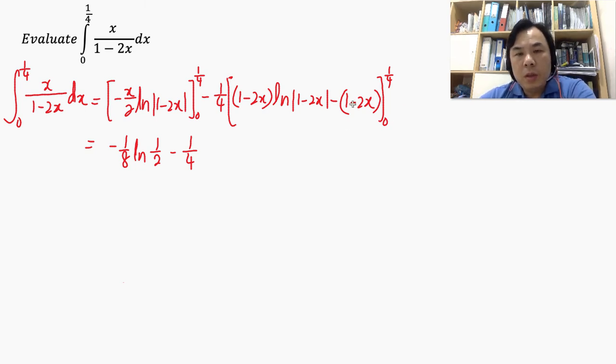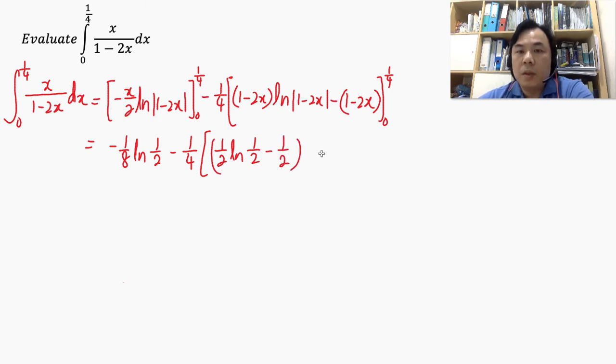If I put in 0 here, this part will be a 0, so I only have -1. So I'm going to put in a quarter first. So with a quarter, I will have a half here, ln half, and then minus of this is also a half.